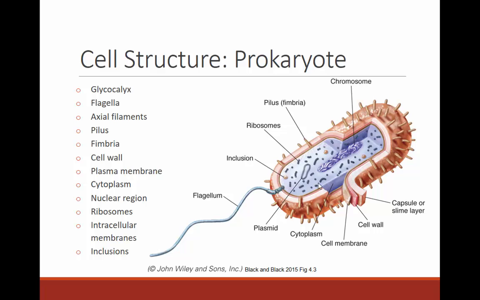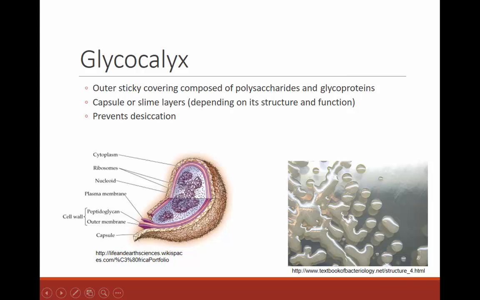Lots of vesicles are found in there. You also have ribosomes for protein synthesis, and you can also have plasmids, that extra circular DNA. You'll be learning about plasmids in more detail when Louisa comes to chat. The inclusions are the other vesicles, etc.